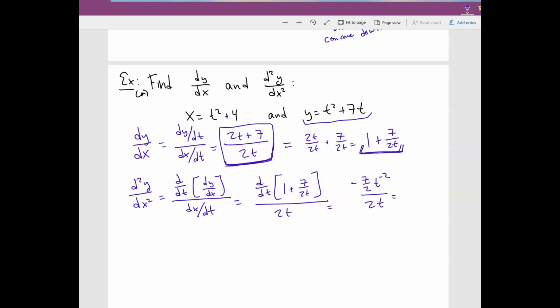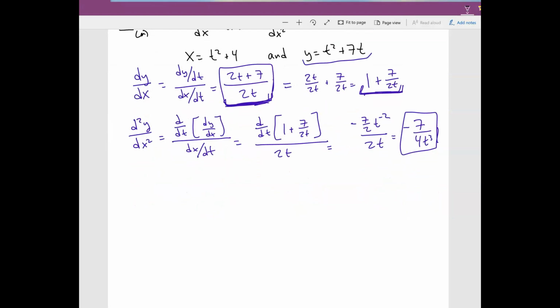When I simplify a little more, I get negative 7 over 4t cubed. So there are some benefits to simplifying the first derivative, especially if you want to find the second derivative. Of course, if you wanted to leave it like this, you would either use the quotient rule or bring that to the top and use the product rule. All right, so that's part A.